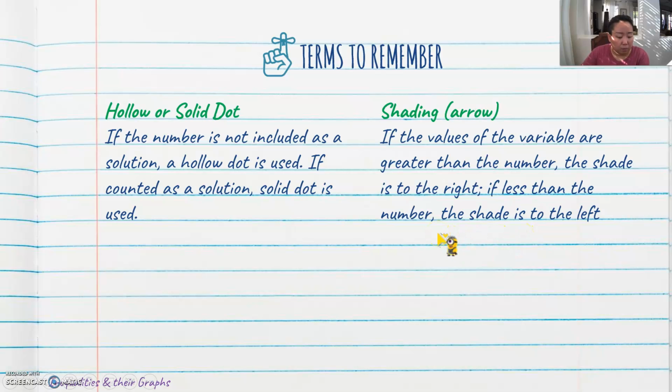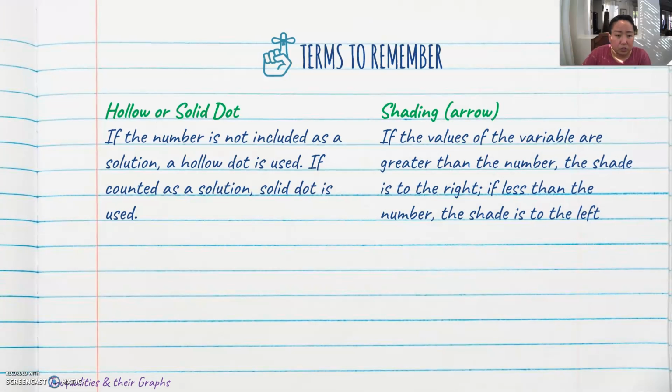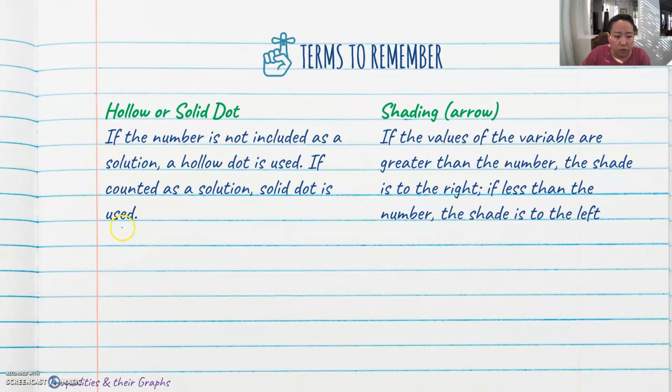A few things that I have to emphasize here. When do you use a hollow dot, when do you use a solid dot? Just remember that if you have the regular greater than or the regular less than, then when you graph your inequality, it will use a hollow dot.